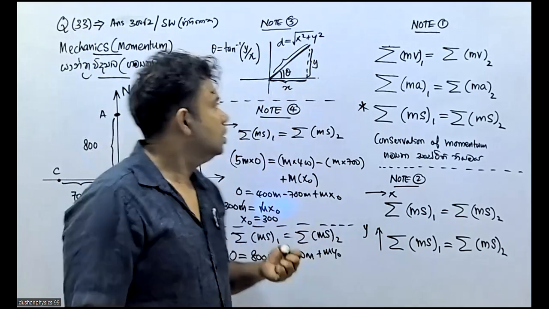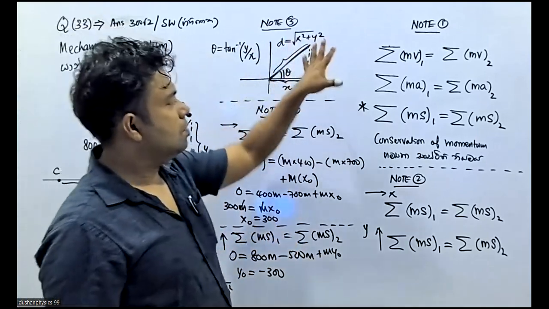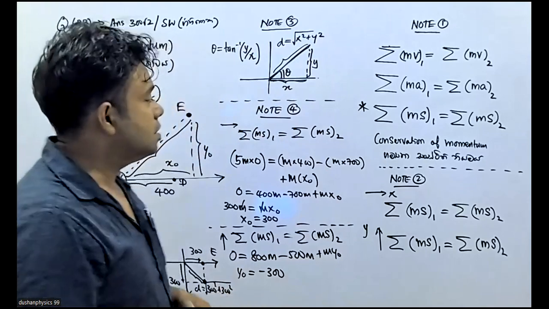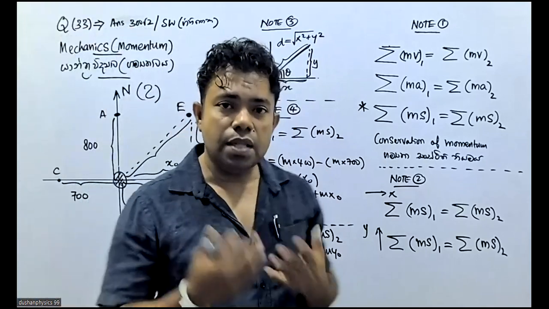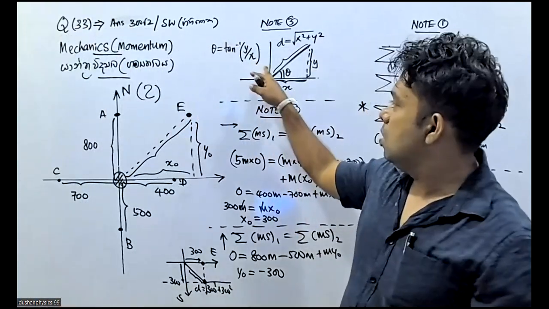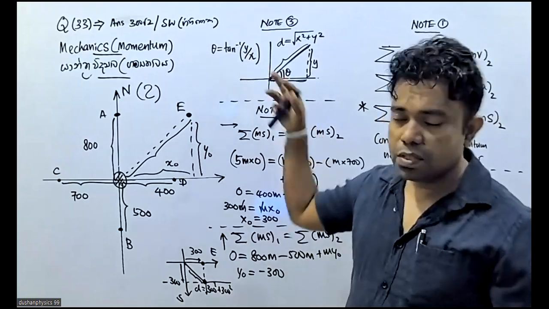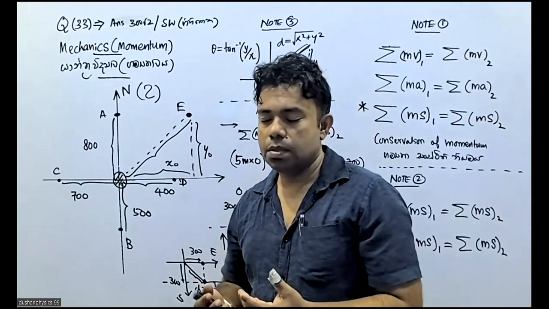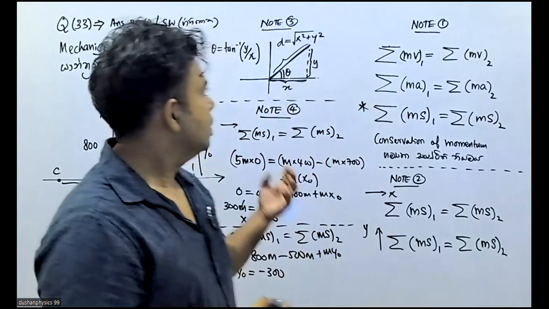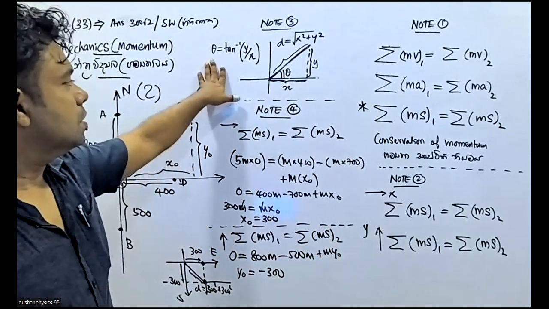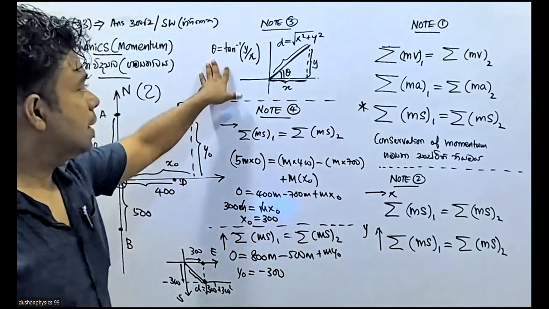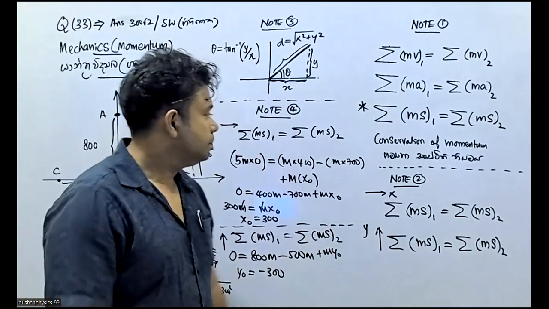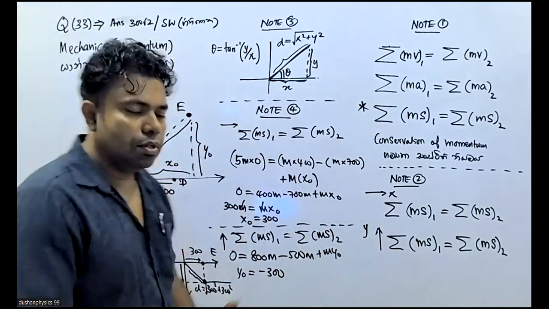In this question they are also asking for the angle. The angle equation is tan inverse of y divided by x. So let's go to the calculation part straight away.